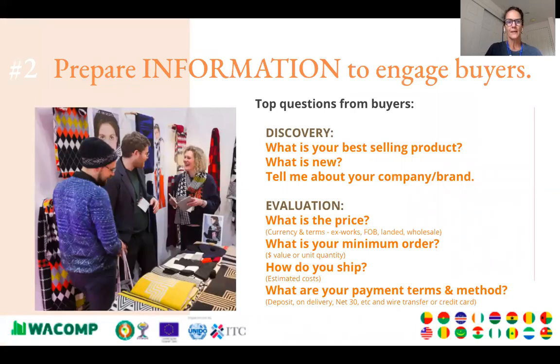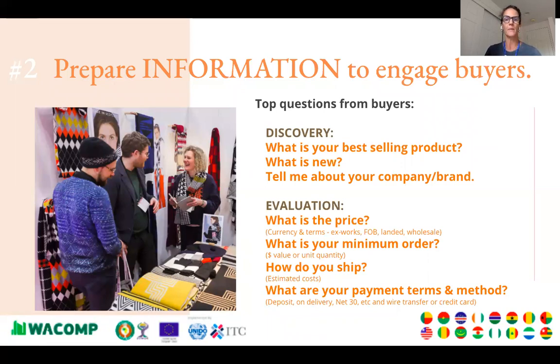So the second best practice is that you want to really prepare information that will engage the buyer. You want to prepare information that will help the buyer discover your brand and then evaluate whether your brand and your offer is right for their business. So in terms of discovery, you want to show those buyers what your best-selling products are.